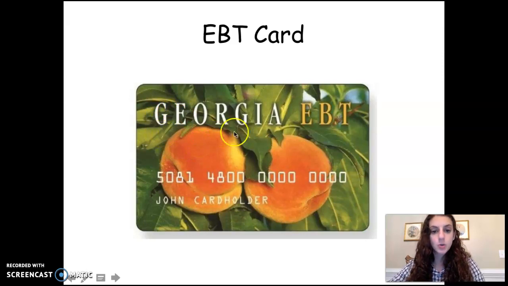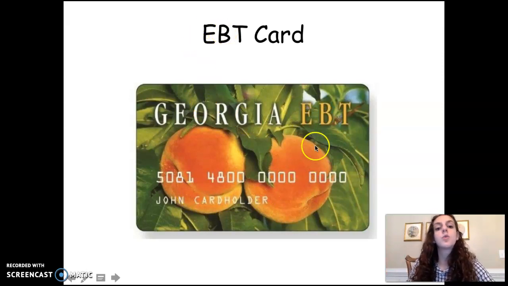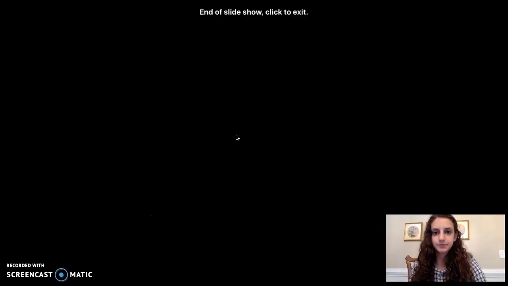So, in Georgia, you can use your EBT card to spend money given to you by the government in the form of welfare benefits. The EBT card can be very useful for buying things like food and other necessities.